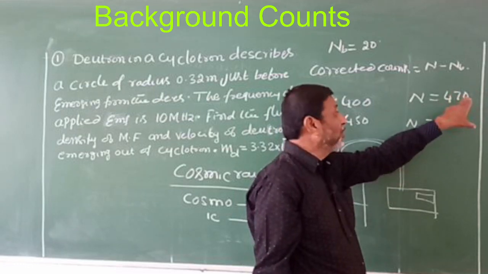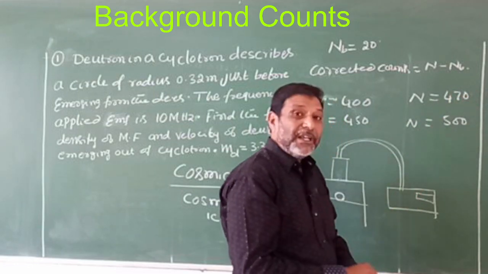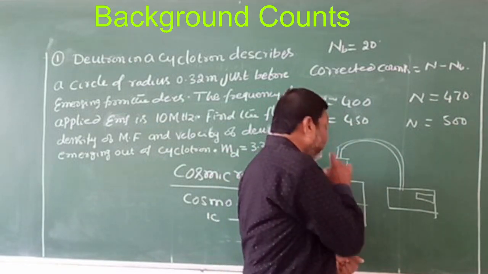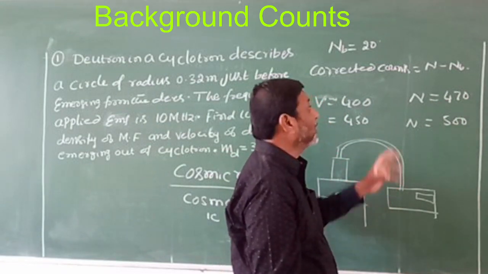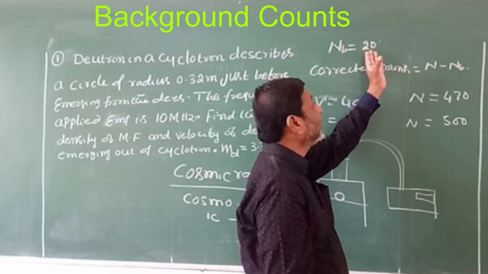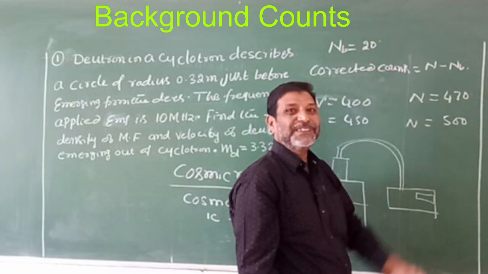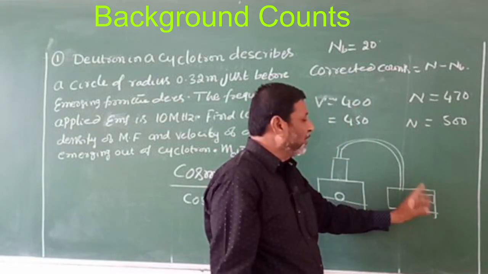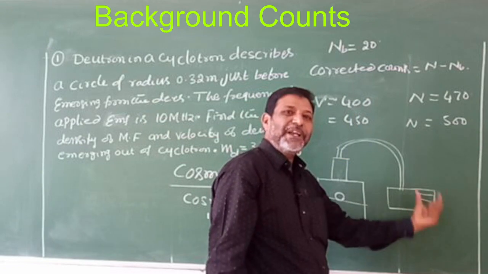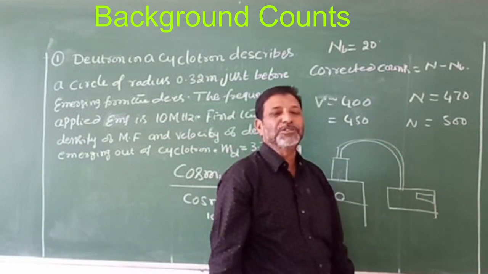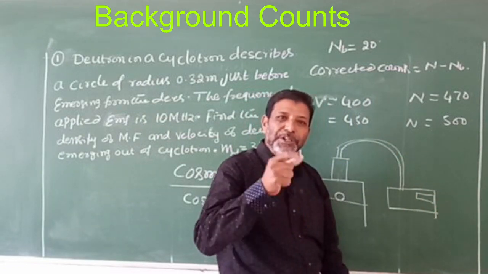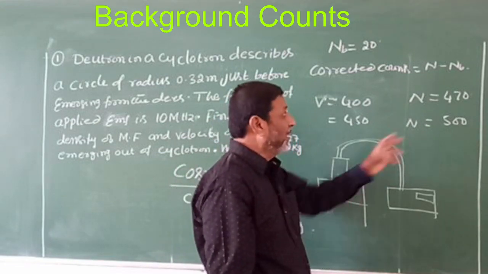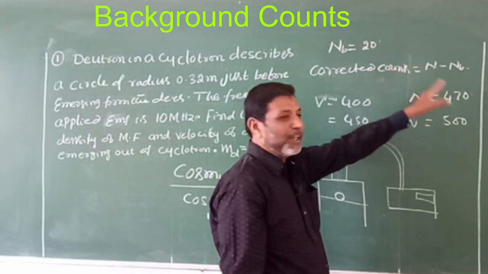To get the actual counts due to the particles emitted from the source only, you have to subtract the counts due to the cosmic rays, that is, subtract the background counts.